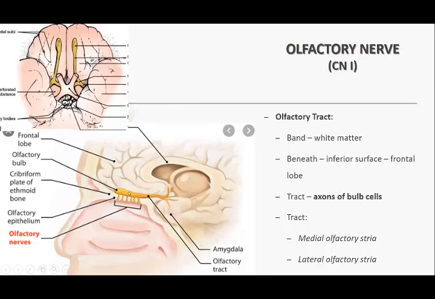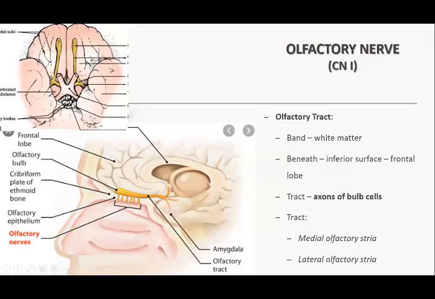Above the cribriform plate of the ethmoid, this is the cribriform plate of the ethmoid, these are the first cranial nerve axons that go into the bulb of the olfactory bulb. So see for yourself that this olfactory bulb is lying on top of the cribriform plate. This is the brain, the frontal lobe of the brain, you have studied it in physiology.